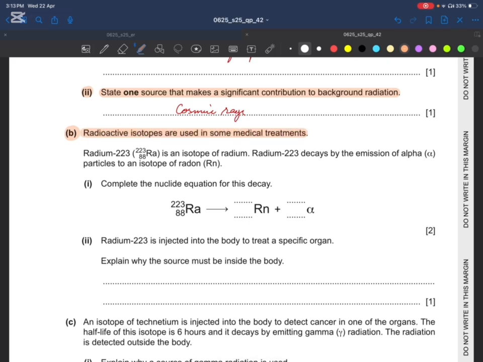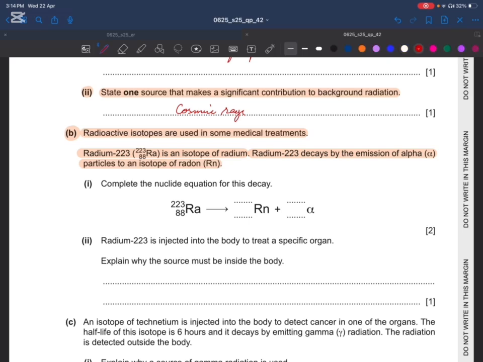Okay, you have already studied that you can use radioactive isotopes in medical treatments. They are telling you that radium 223 is an isotope of radium. Radium 223 decays by the emission of alpha particles to an isotope of radon.